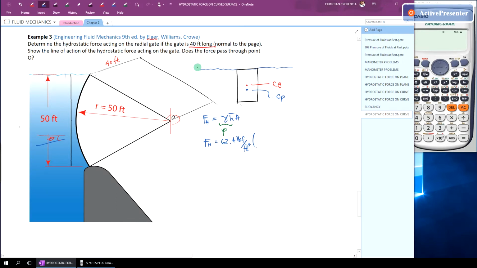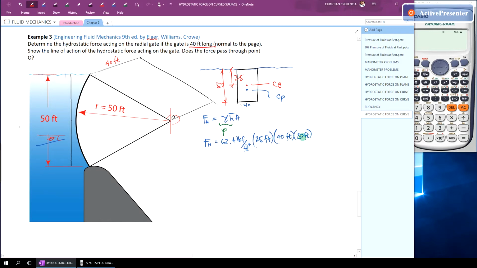So h bar natin, the height natin is 50, then h bar of course is 25. Okay, so multiplied by 25 feet. Okay, then area is 40 feet by 50 feet.